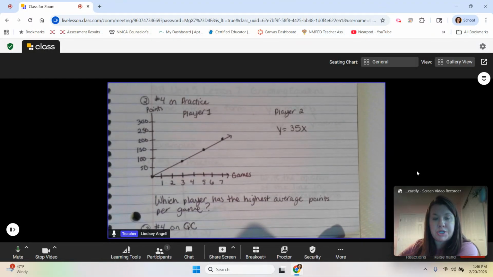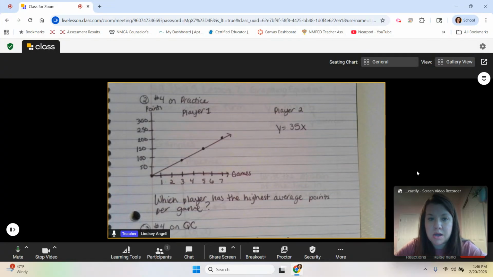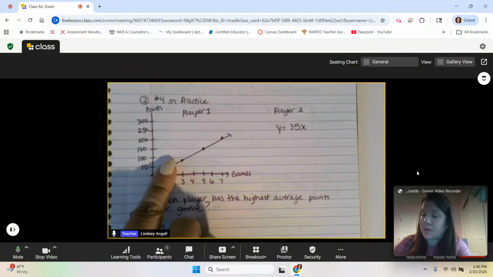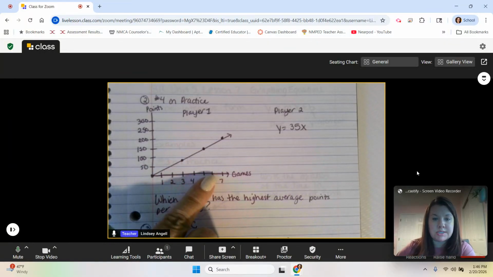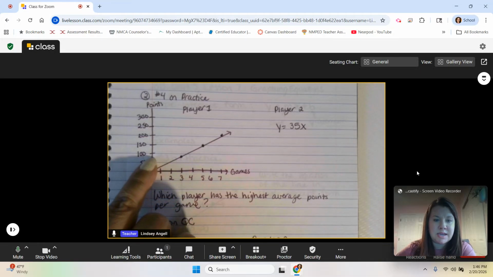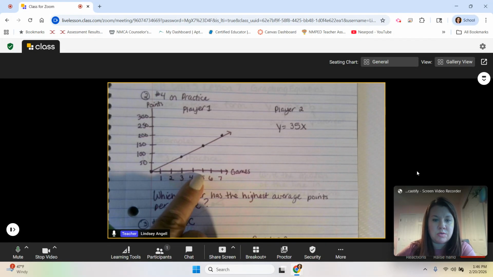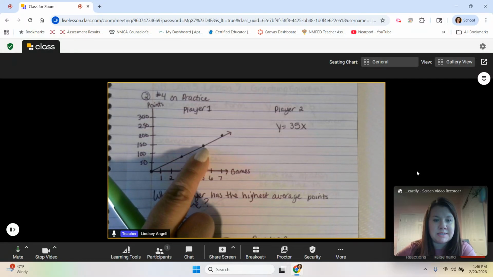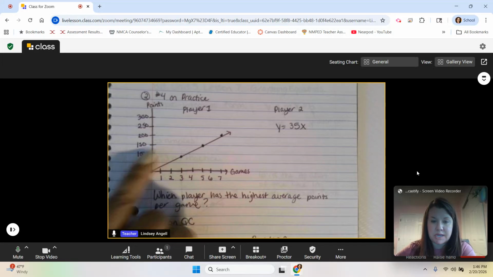All right, number 2, which is also number 4 on your practice. Again, we're given two different pieces of information. We're given a graph about player 1, which it looks like it's the average number of points per game. 3, let's see, it doesn't line up perfectly. That one's a little harder to use. 5 lines up nicely with that 150.